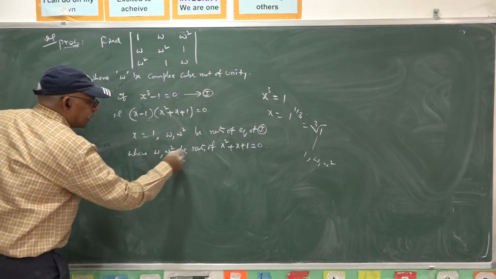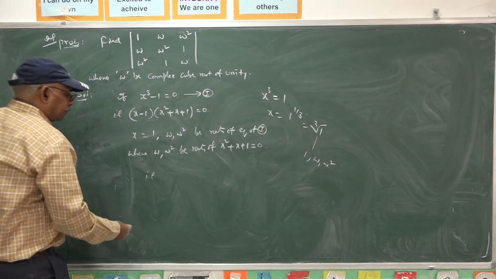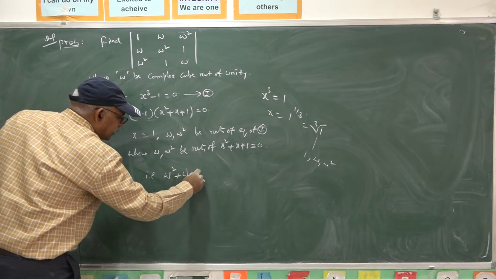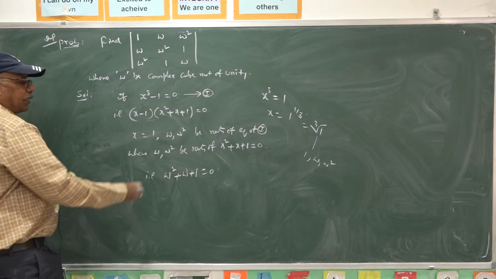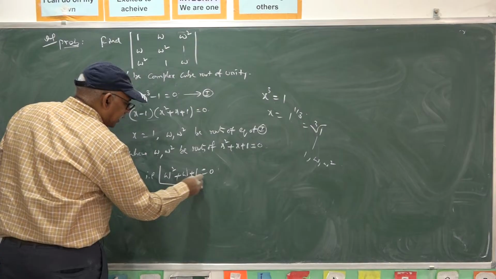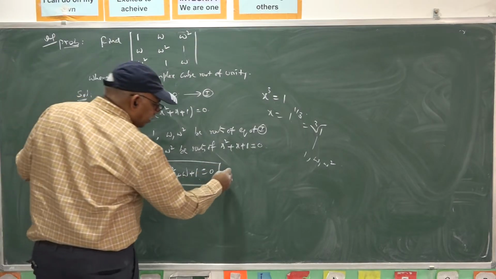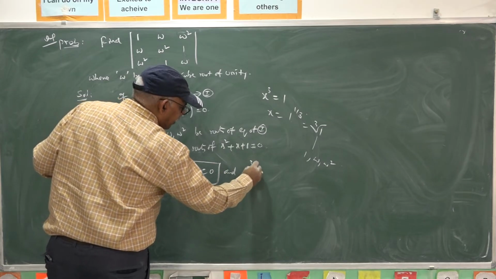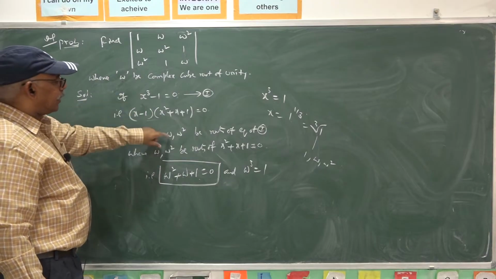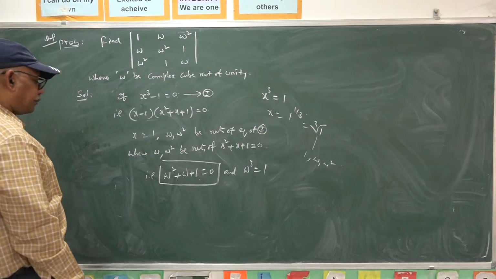Since omega is a root of this factor x square plus x plus 1 equals 0, it satisfies that equation. So omega square plus omega plus 1 equals clearly 0. So 1 plus omega plus omega square is always 0, and moreover you know that omega cube is always equal to 1, because omega is also a root of x cube minus 1 equals 0, hence it satisfies that equation.